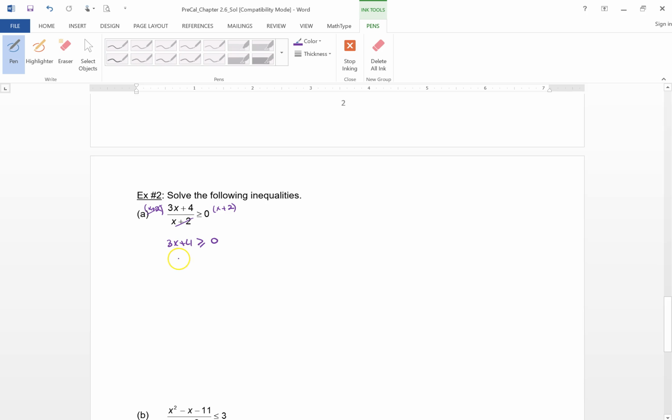So for x, we're going to get -4/3, right? Now, I put -4/3 on the number line. Well, how much is -4/3? It's -1 point something. But I also put in the 0 from the denominator, which is -2.